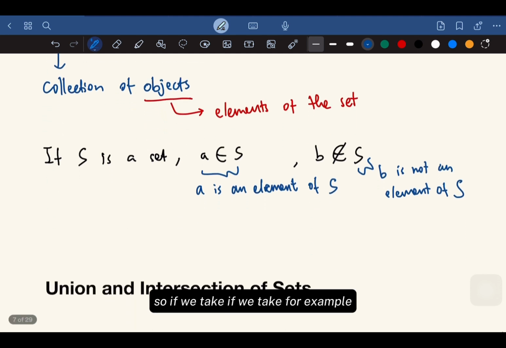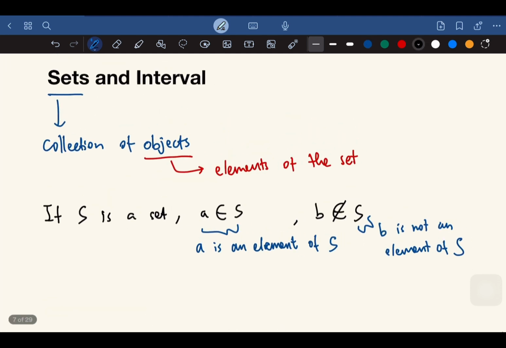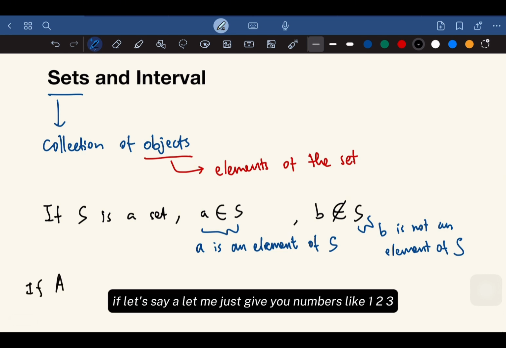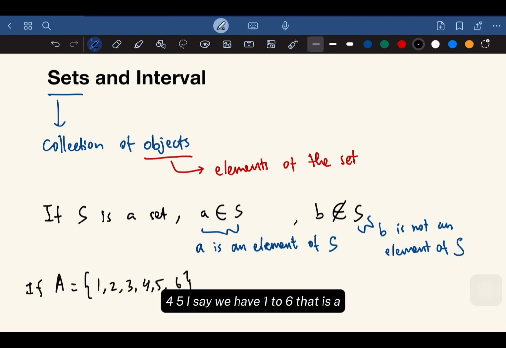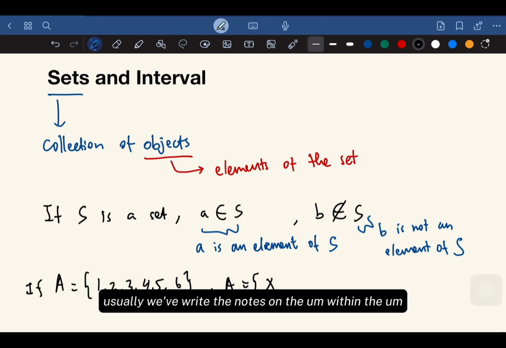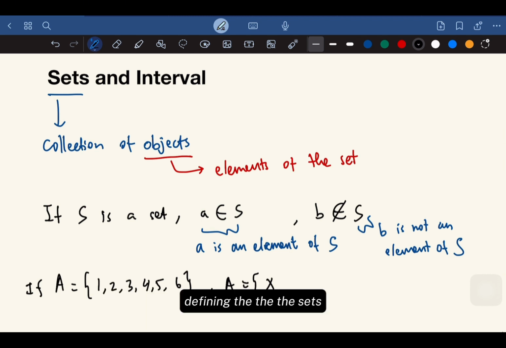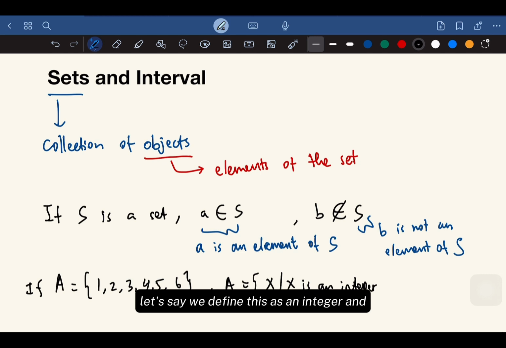So if we take, for example, let me just give you numbers, like 1, 2, 3, 4, 5. Let's say we have 1 to 6, that is A. Usually we write the notation within braces, defining the set: x, where x is an integer.